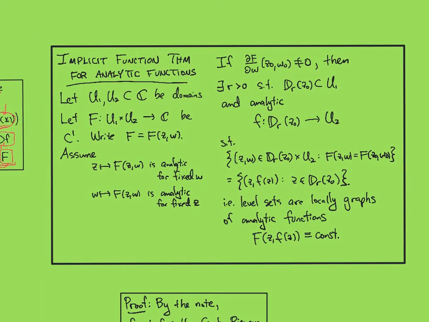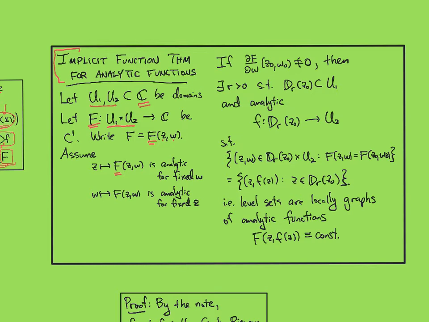So just writing down the theorem is the hardest part, but here is the implicit function theorem for analytic functions. Let U1, U2 be domains in the plane, and I'll have capital F a function on the product of those domains. And we're going to write out the variables of capital F as z and w. And we're going to assume that capital F is analytic in each variable separately.